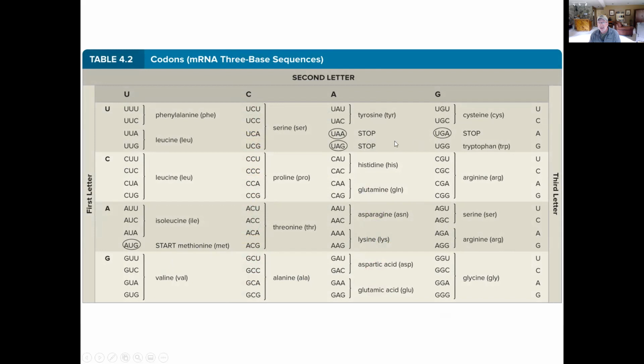These other 3, UAA, UAG, and UGA, notice they say stop. They do not code for any of the 20 plus amino acids, but rather will play an instrumental role in stopping protein assembly. So they're just the red light that comes up. This is the green light that gets the process rolling. So we're going to talk about that process next.